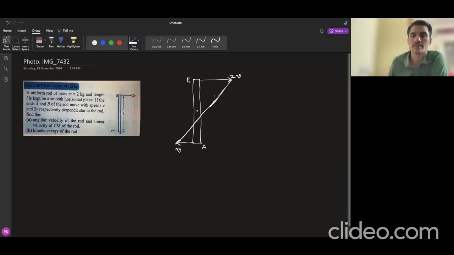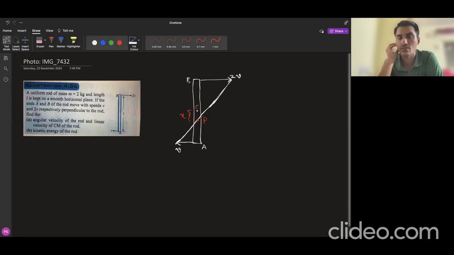Let us consider it is at a certain distance x from the center. Consider this is the center of the total rod, and this is x from the center. I'm finding one point here which is at rest actually. It means that that point will be the instantaneous center of rotation.